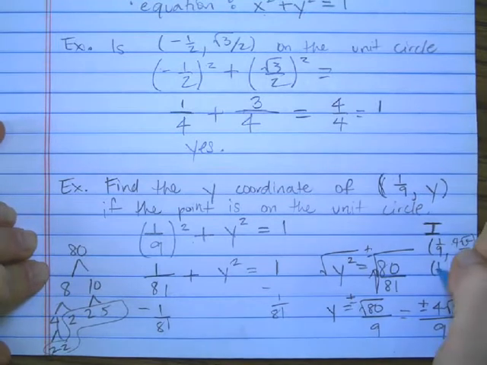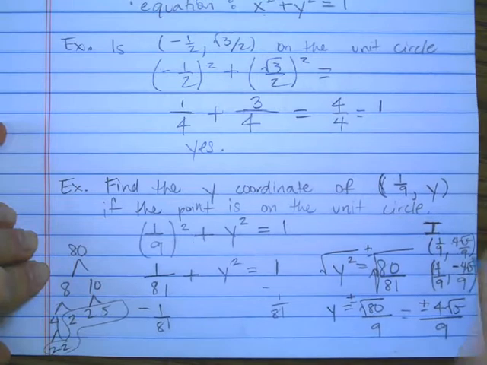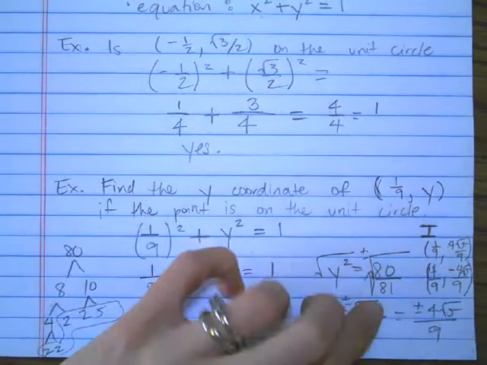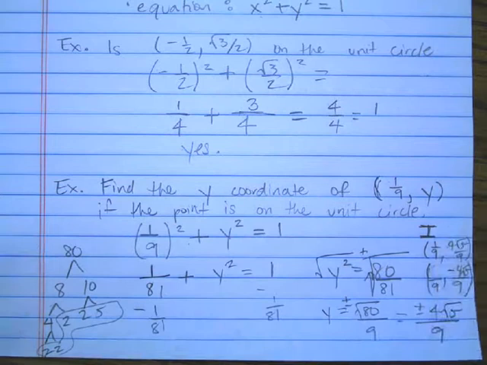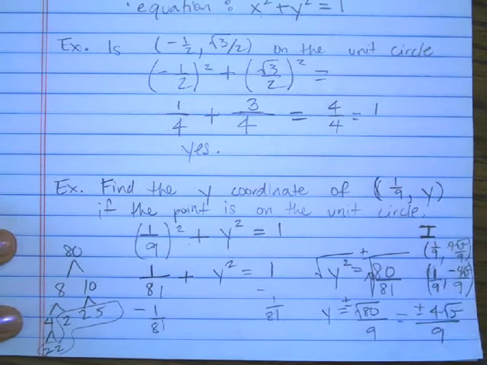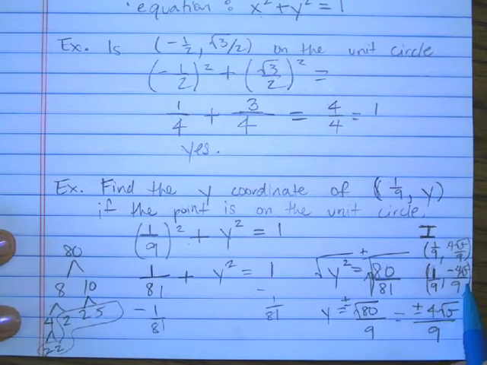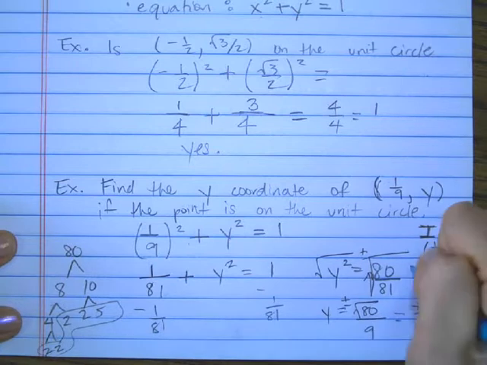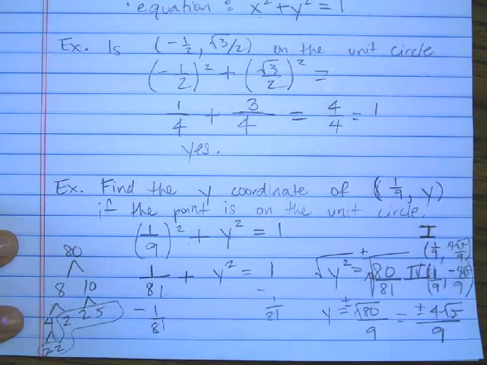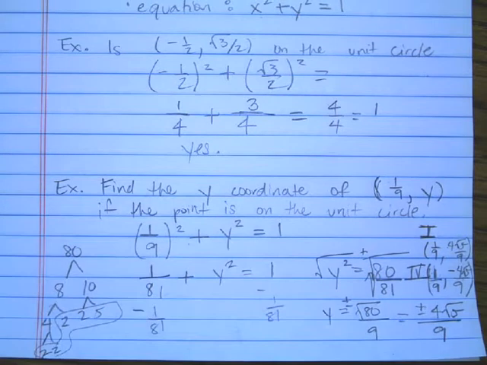If the second one is negative, it's going to be in quadrant 4. Because the x is positive and the y is negative, which quadrant is this in? The fourth.